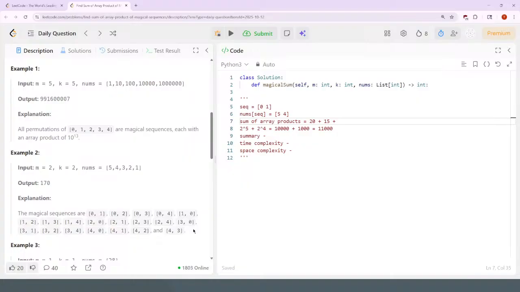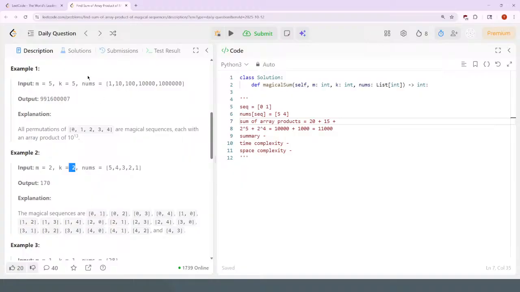I guess you can't ever have 2 to the same power. Yeah, okay. So that makes it a lot easier. So it's the length of nums choose k that's going to give you the indices.